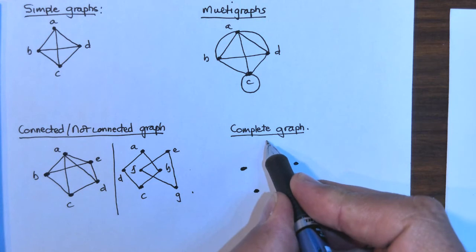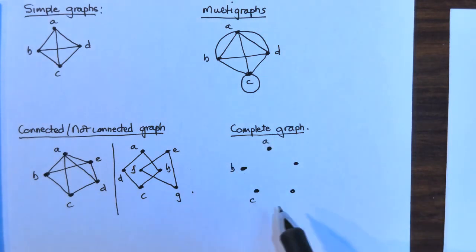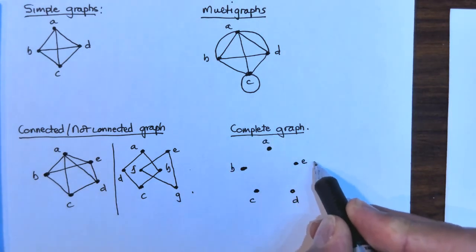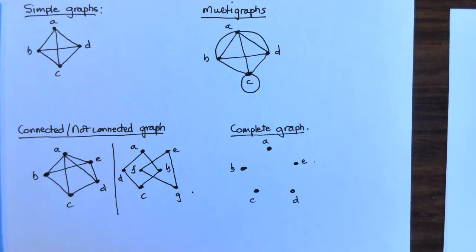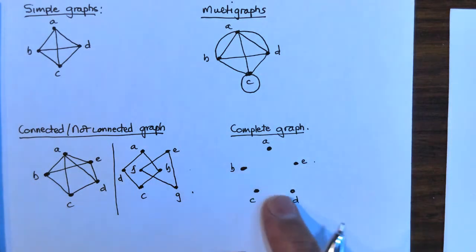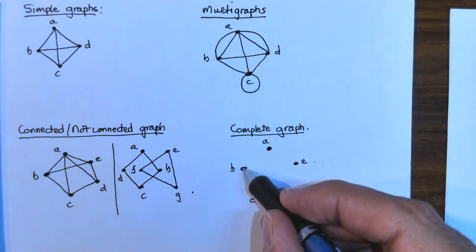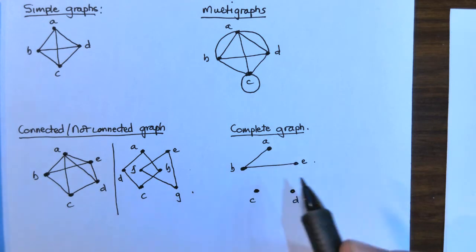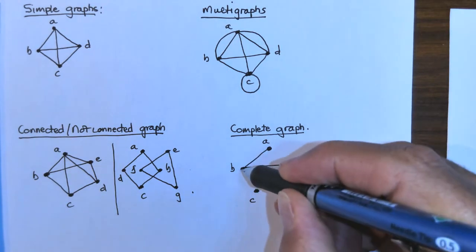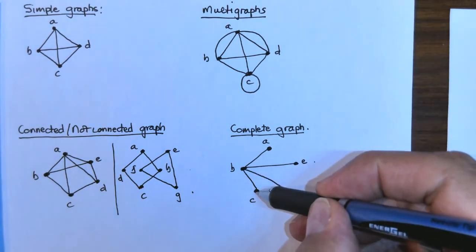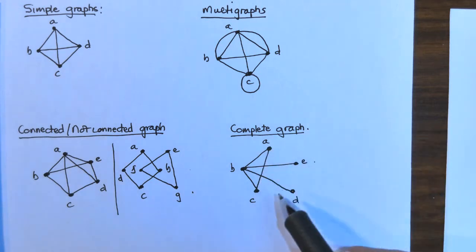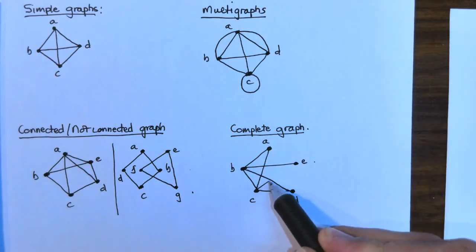In a complete graph with vertices A, B, C, D, and E, we add all the possible edges that we can between each of those vertices. So A to B, A to E, A to D, A to C. C to B we've got, so C to A, C to D, C to E.